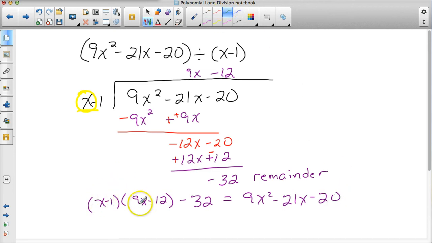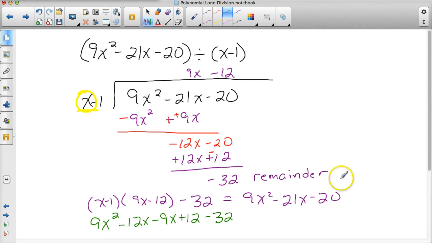When I multiply x times 9x, I get 9x squared. And when I multiply x times negative 12, I get negative 12x. When I multiply negative 1 times 9x, I get negative 9x. And when I multiply negative 1 times negative 12, I get a positive 12. Don't forget, we also had negative 32.